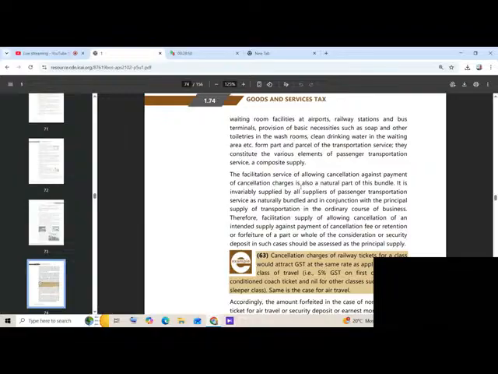They constitute the various elements of passenger transportation service, a composite supply. The facilitation service of allowing cancellation against payment of cancellation charges is also a natural part of this bundle. It is invariably supplied by all suppliers of passenger transportation service as naturally bundled and in conjunction with the principal supply of transportation in the ordinary course of business.